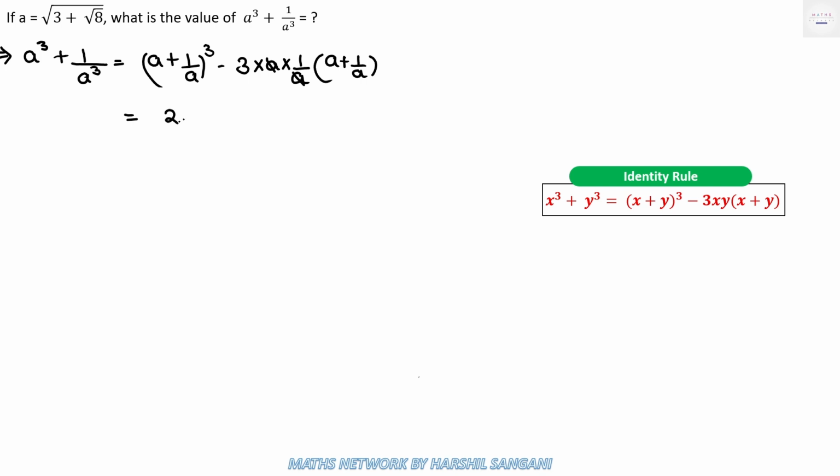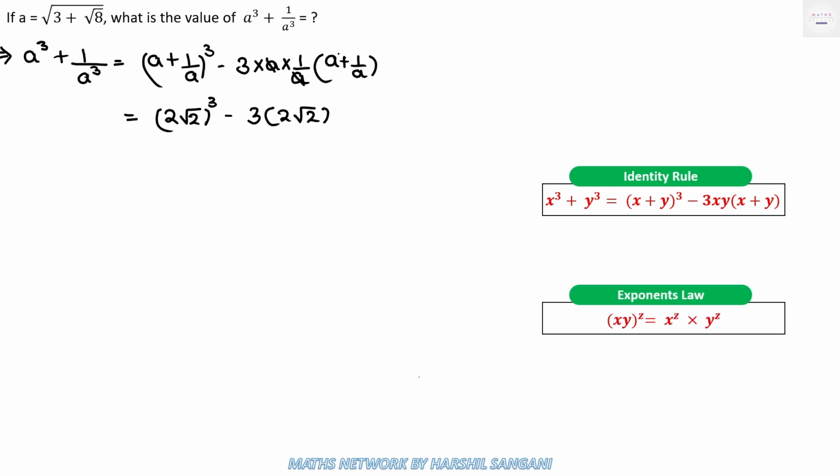So now it will be 2 root 2 whole cube minus 3 times 1, which is 3, multiplied by 2 root 2. Now here we use an exponential law that for any variable x multiplied by y whole raised to z, it equals x raised to z multiplied by y raised to z.